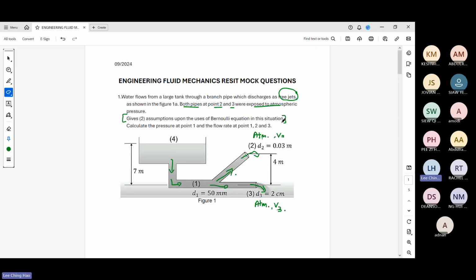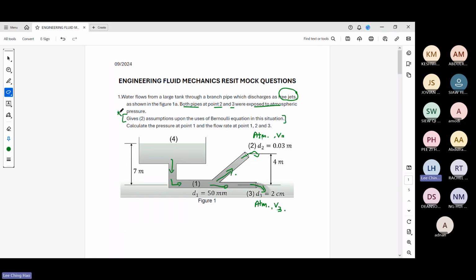Since I mentioned atmospheric pressure and velocity, you should know that the Bernoulli equation is being used. Also, here they ask you to give two assumptions based on your slides. You will have 5 assumptions.